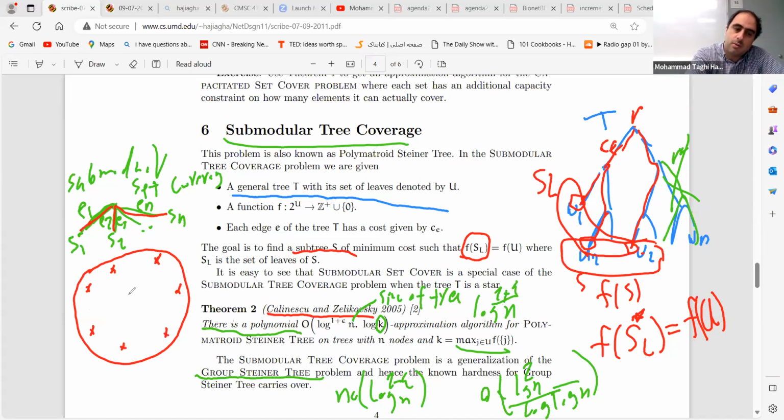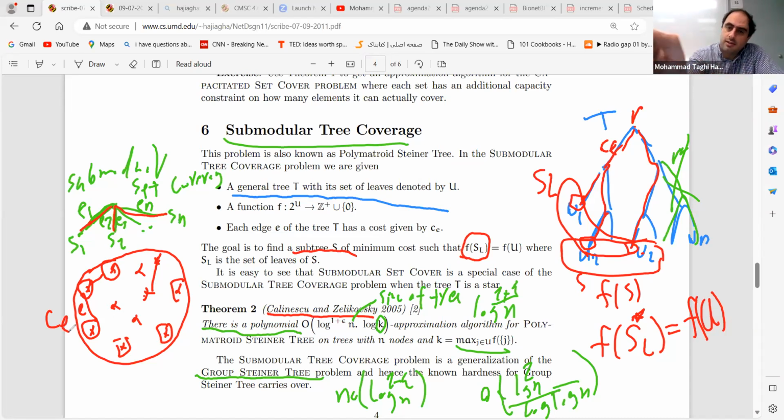In the Steiner tree problem, you are given a graph, and we have some terminals here. Not all, some of the points are terminals. There are edges between these guys, and each of them has a cost. So this edge e has the cost c.